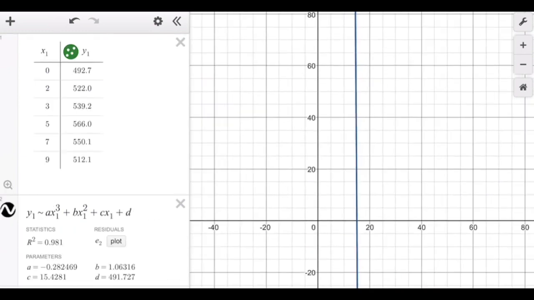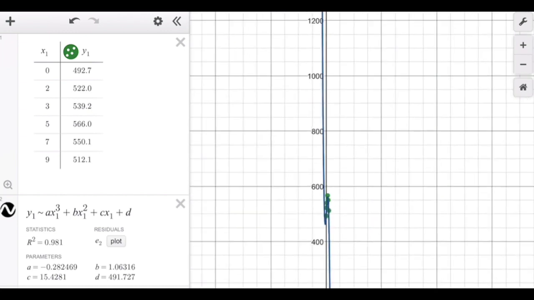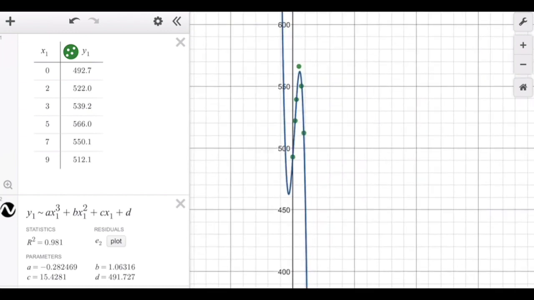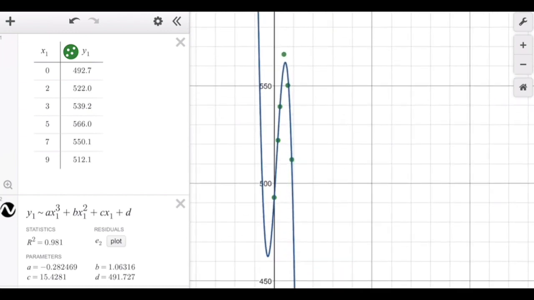And if I back my graph up, we'll see that the graph certainly does go through those points pretty close.